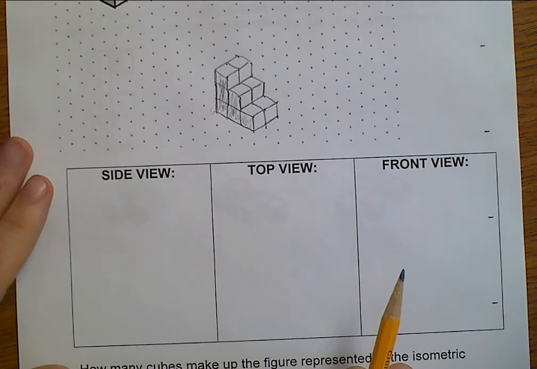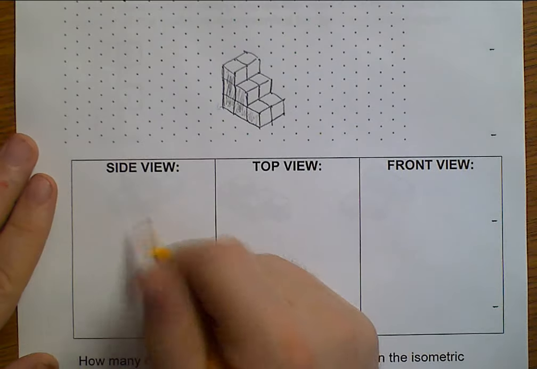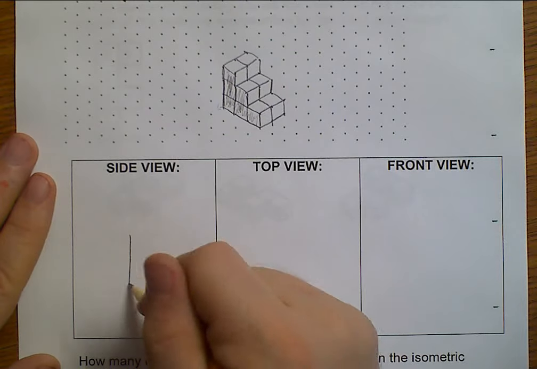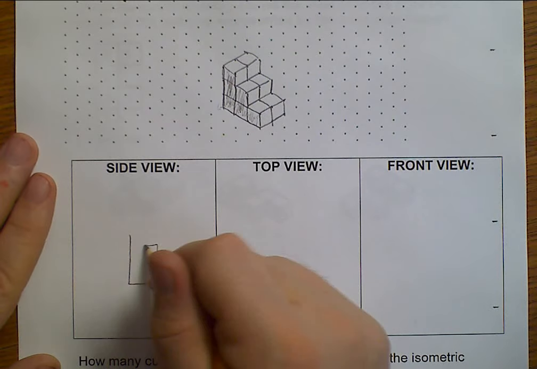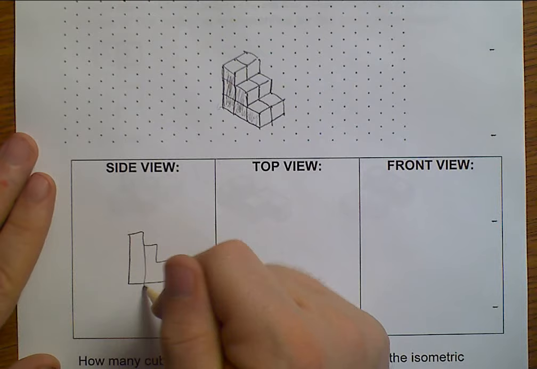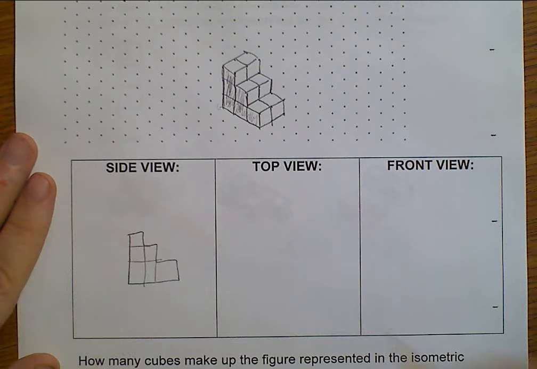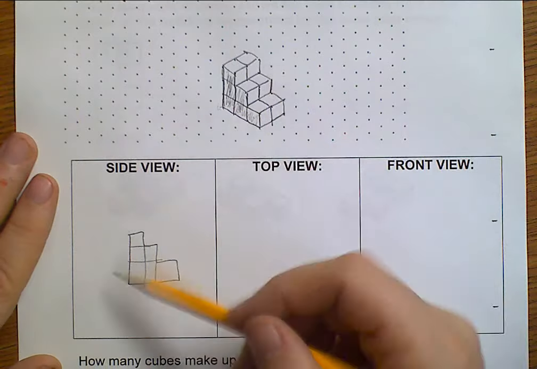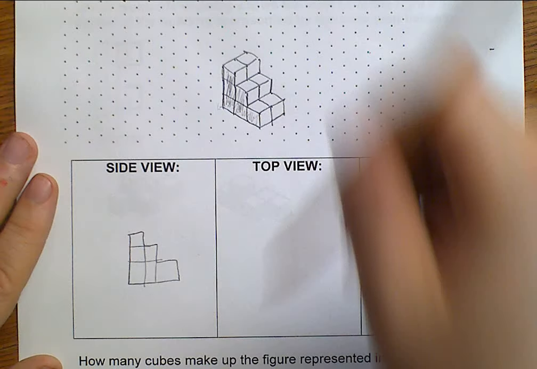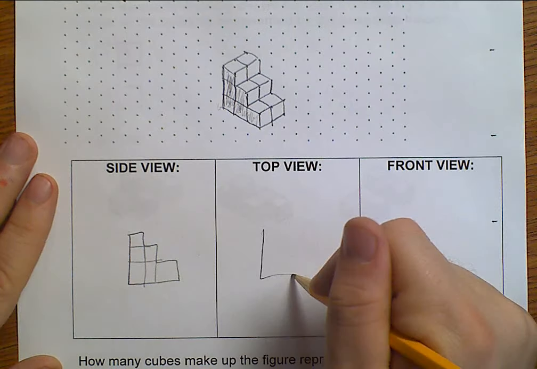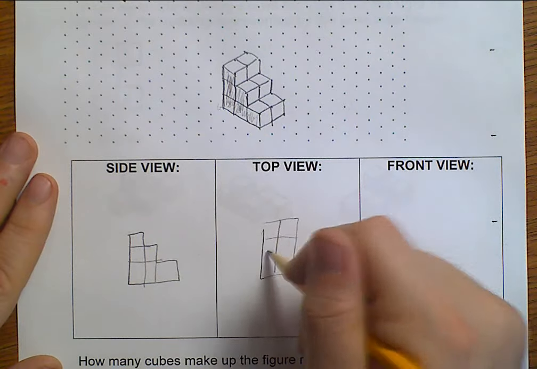So if we're looking at this from the side, we obviously see a ladder. That's from the side. If we look down from the top, I got 6 blocks.